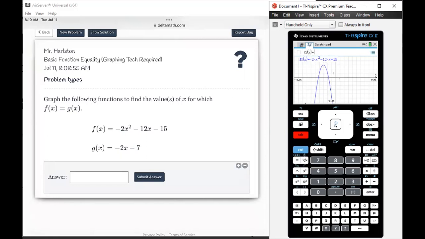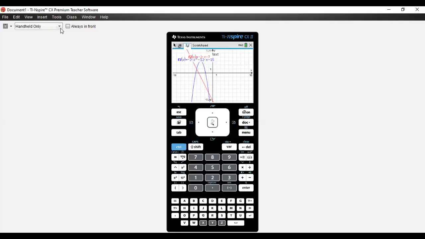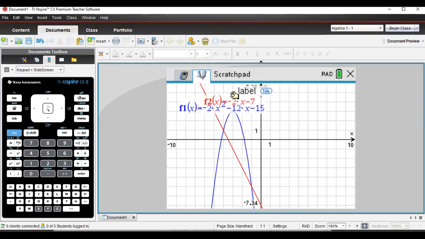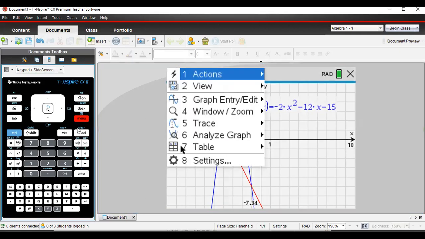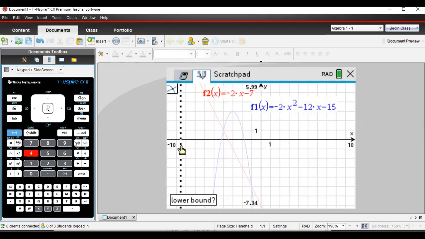It's going to be -2x minus 7, and then press enter. All right, let me make this larger so we can see everything. So now you got two functions. All we're going to do is find where they intersect. So menu 64.